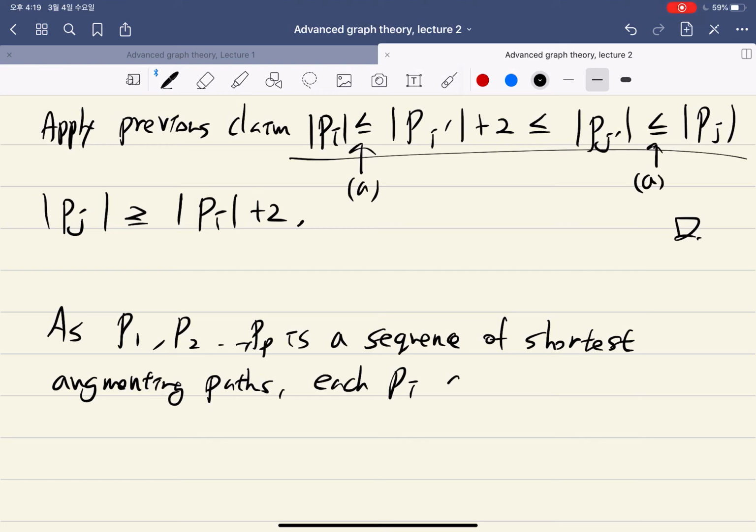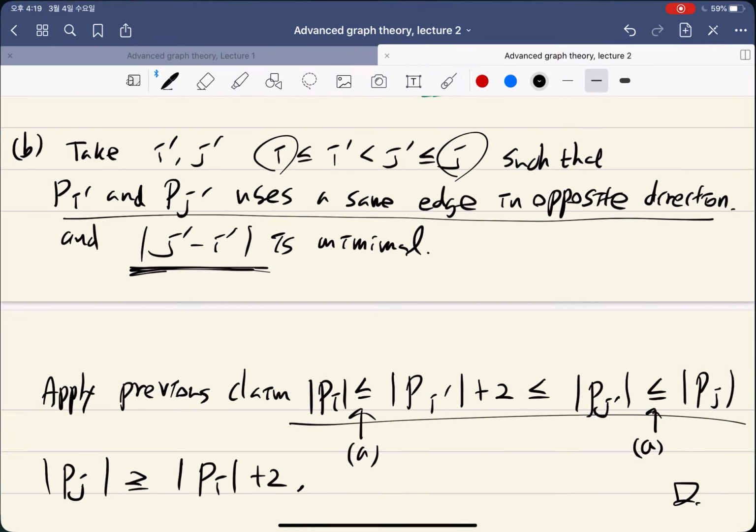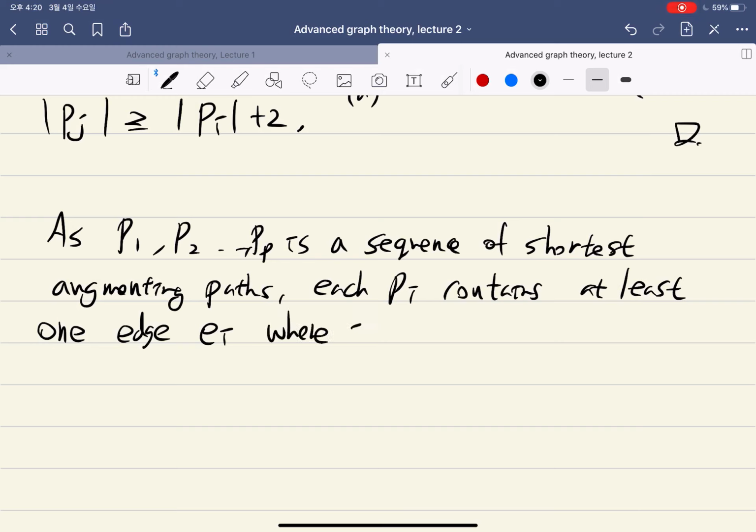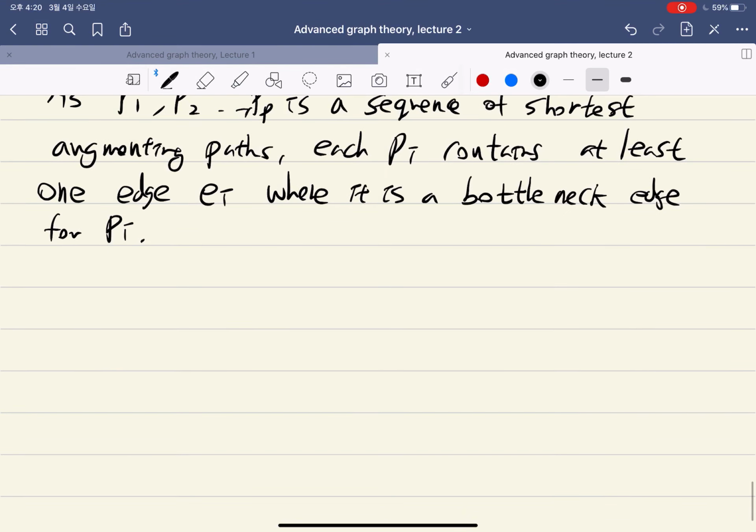Each Pi contains at least one edge, say Ei, where it is a bottleneck edge for Pi, meaning that the flow value in this Ei becomes 0 or its capacity after augmentation using this Pi.